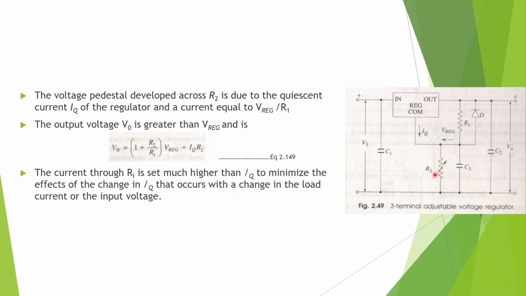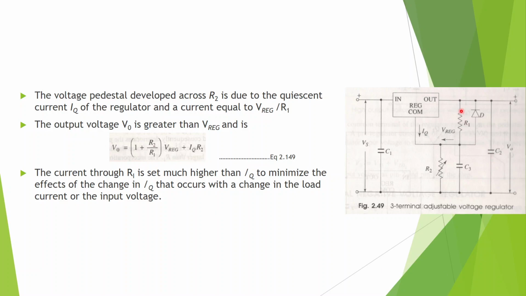Now the output voltage is greater than this voltage, because the output voltage will be the sum of the voltage across both the resistors, and the output voltage is given by this formula. V out is equal to 1 plus R2 by R1 multiplied by V reg plus IQ R2.